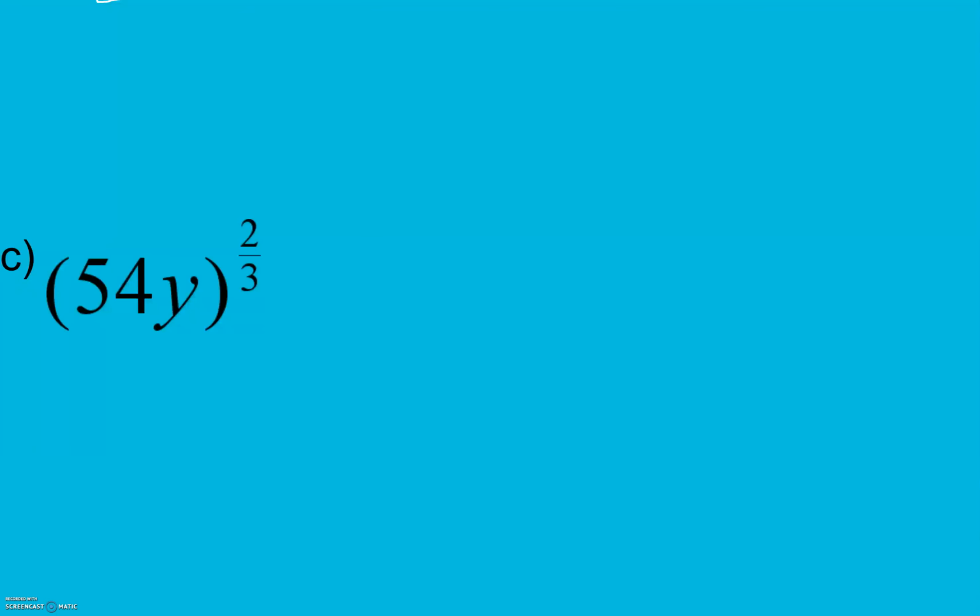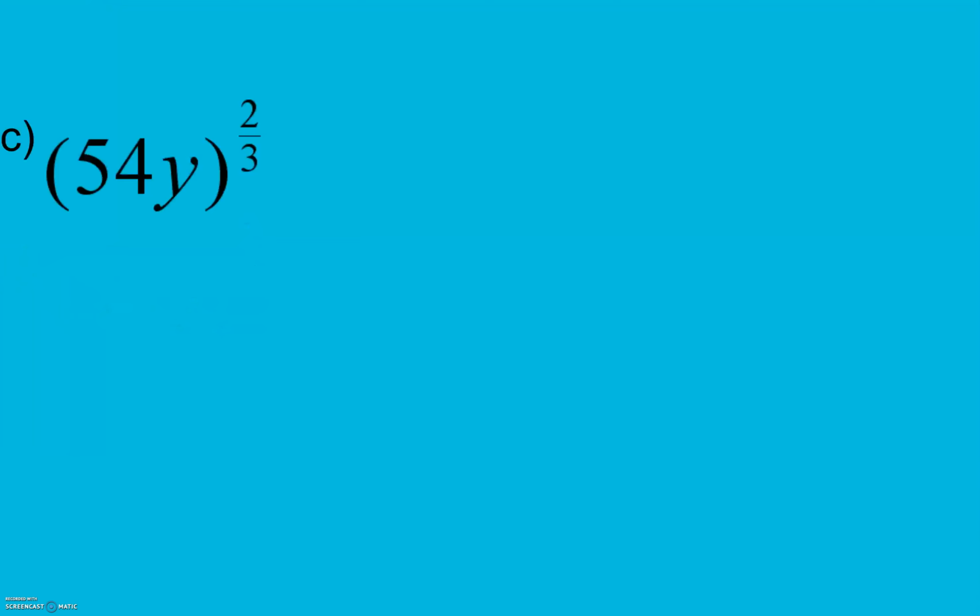In C here, first thing I'm going to do is switch it to radical form. I'm going to keep my base as my radicand. I'm going to give my denominator as my index. And then I'm going to raise the entire thing to my numerator. And again, it's higher than my 3 in my denominator, so I keep it raised as that exponent.